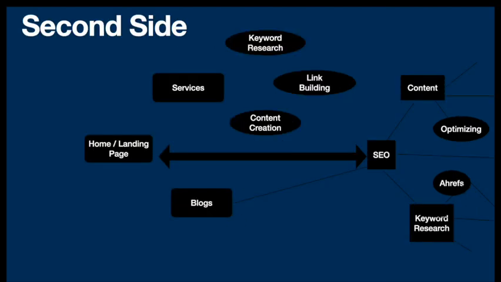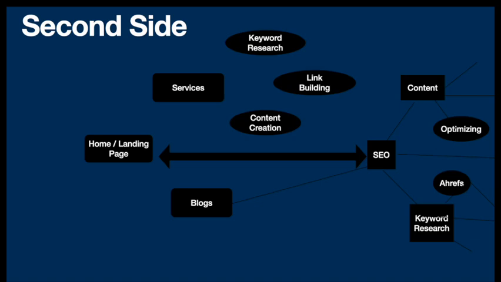And then on the front end, you'll use the reverse silo, and the reverse silo will be used for your home page, your services page, your blogs page, which will be directly linked to the SEO page, which is the main page in this case. So your main blog page will be SEO, and then you will sublink all of that.